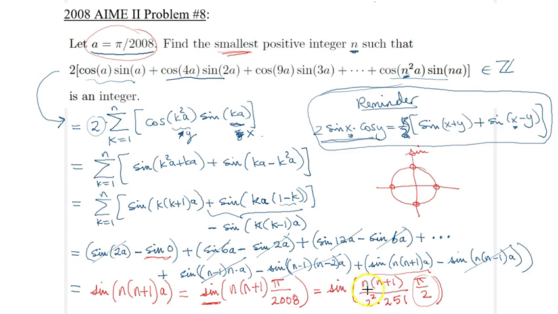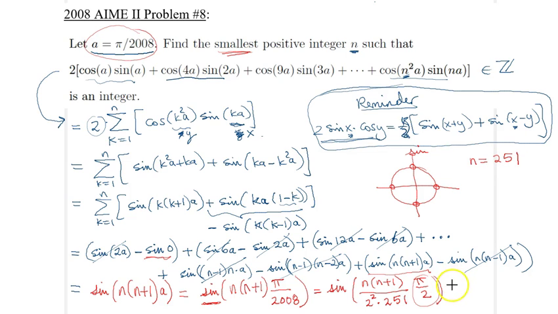But when n plus 1 is equal to 251, n would be 250, but then that will not be sufficient to make this whole coefficient here an integer. So what we will need instead is the case when n is equal to 251 actually.